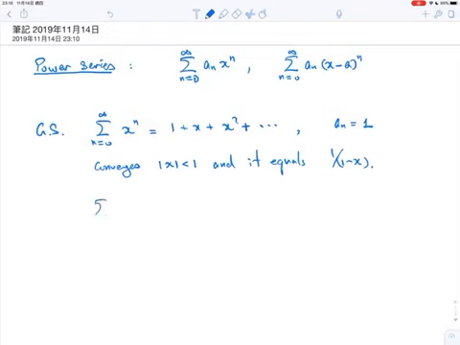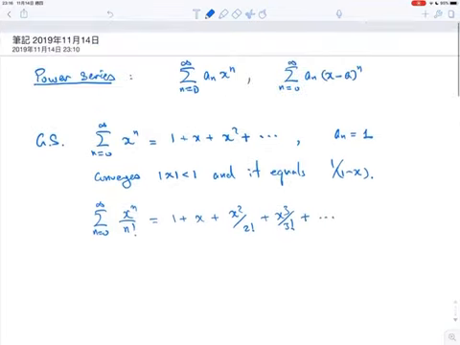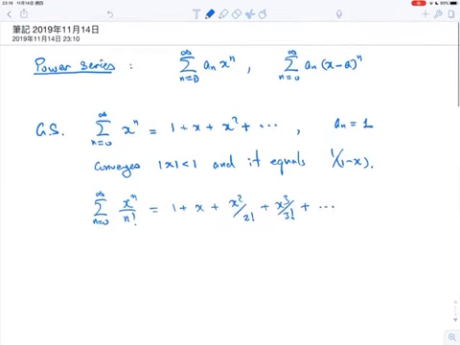Another example is x to the power n over n factorial. So this is 1 plus x plus x squared divided by 2 factorial, x to the power 3 divided by 3 factorial, etc. And this one, when we consider using the ratio test, then the a_n should not be, let me use a different notation.